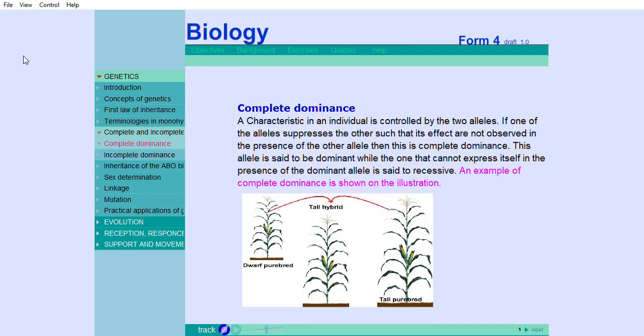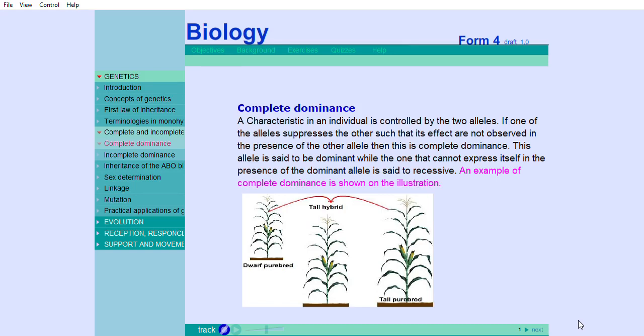Complete dominance. A characteristic in an individual is controlled by the two alleles. If one of the alleles suppresses the other such that its effects are not observed in the presence of the other allele, then this is complete dominance. This allele is said to be dominant, while the one that cannot express itself in the presence of the dominant allele is said to be recessive.